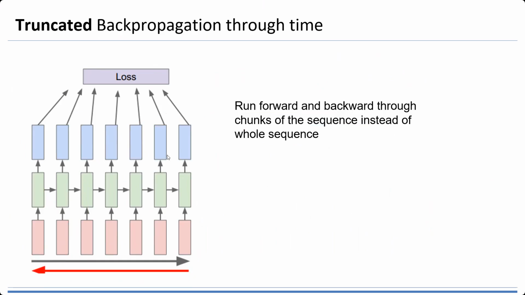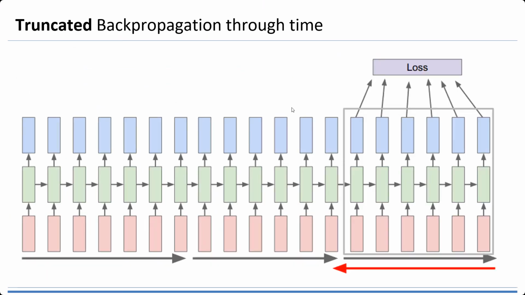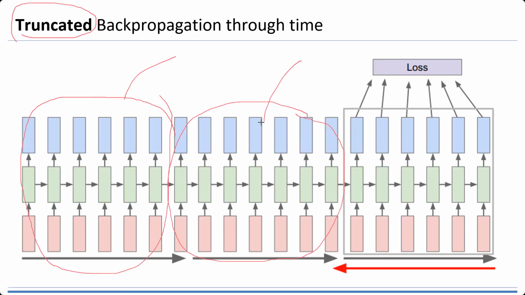After we finish this one, we go to the next sequence. Truncated means it will be cut, and then it will be cut again here, and again here. So this is truncated backpropagation through time.